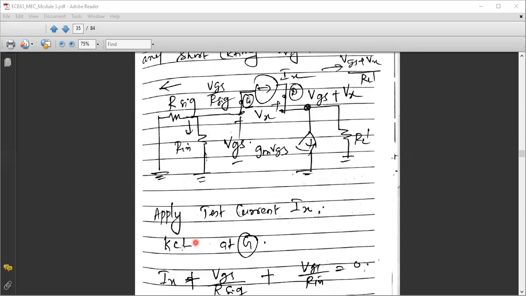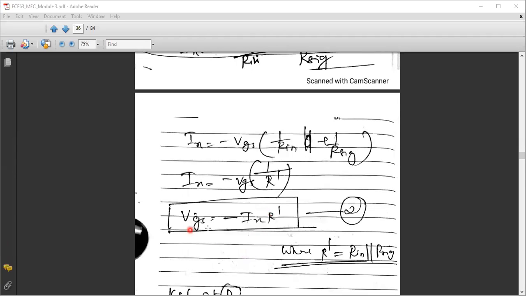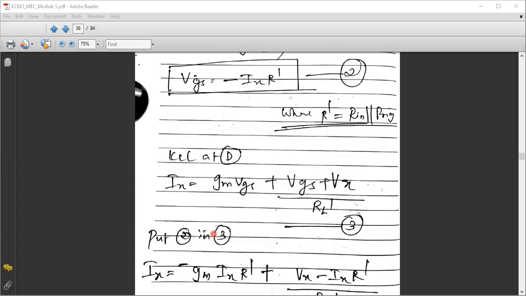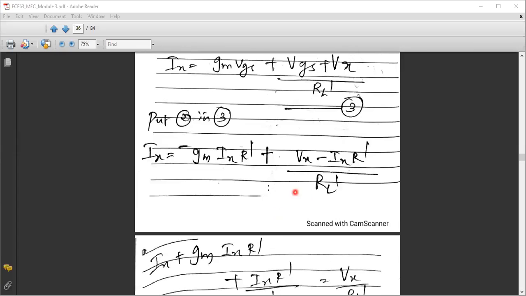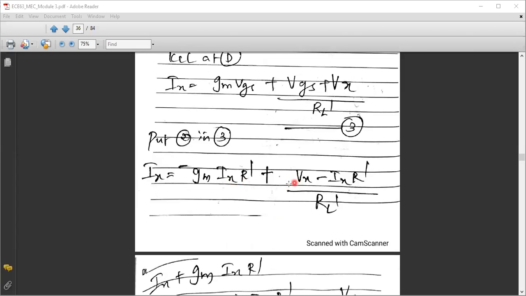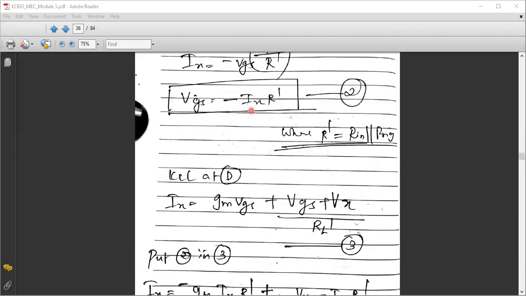First we apply KCL to node G, and we get an equation comprising IX and VGS. After applying KCL to node D, we got another equation where I have an unwanted term, that is VGS. Why is VGS unwanted? Because I need the ratio between VX and IX, then only I will get RGD. So I need to replace VGS in terms of IX, which I obtained from the previous equation.